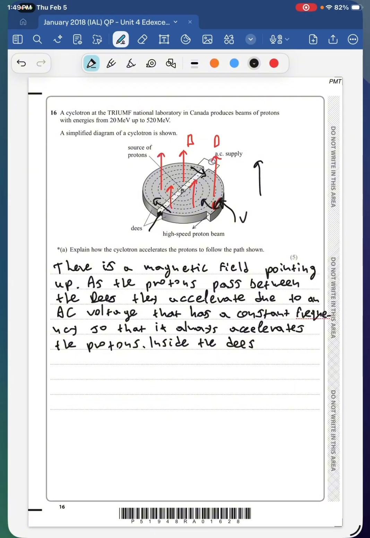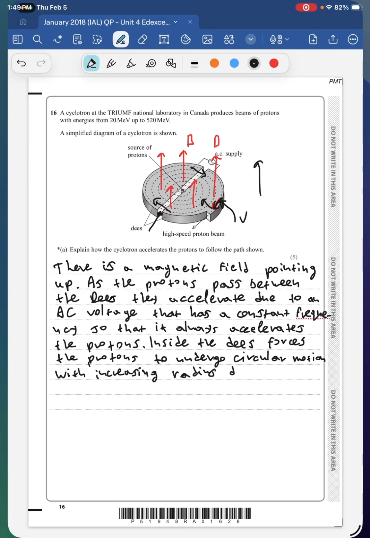Inside the Ds, the magnetic field forces the protons to undergo circular motion with increasing radius due to their increased speed.